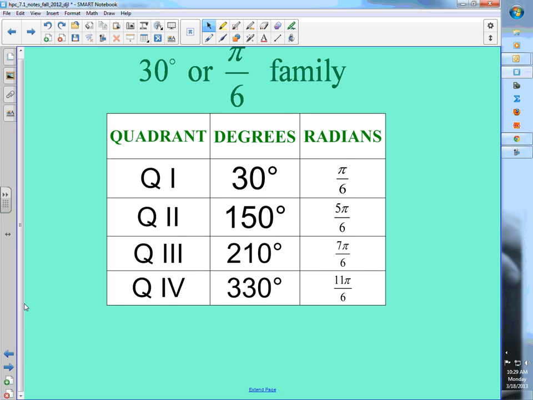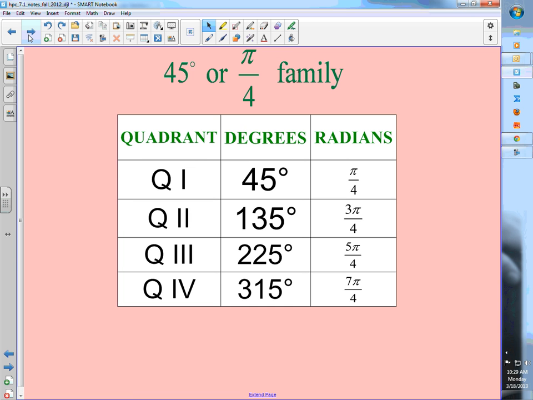Everybody got these? Okay. The second family, 45 degrees, or pi over 4 if you're in radians. Again, the most important angle is the family name, the 45 and the pi over 4.